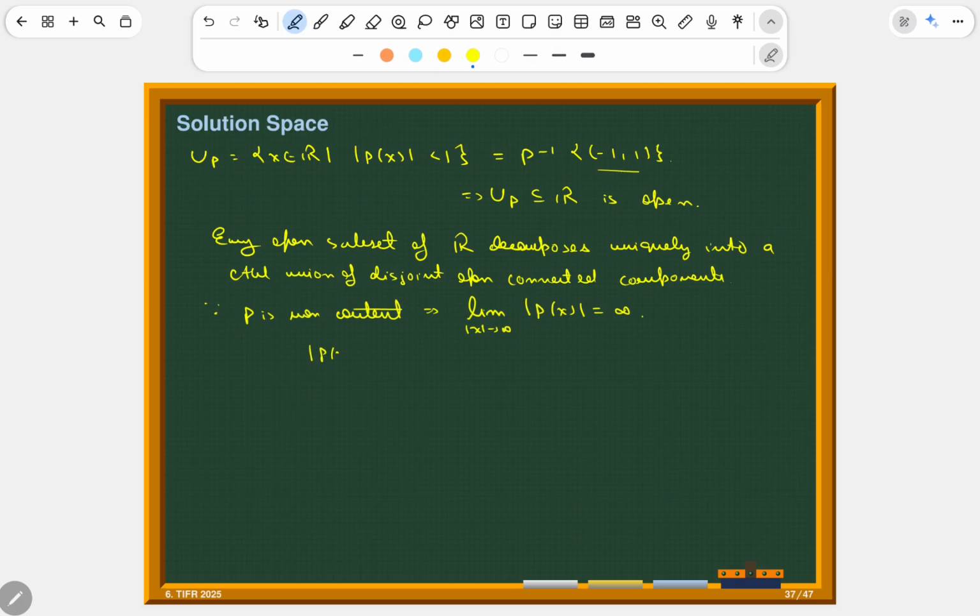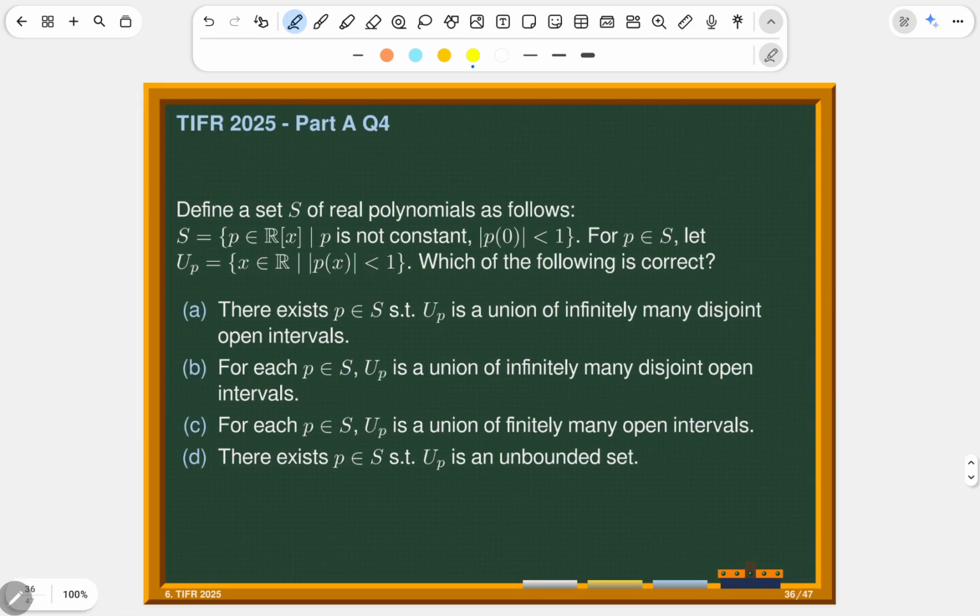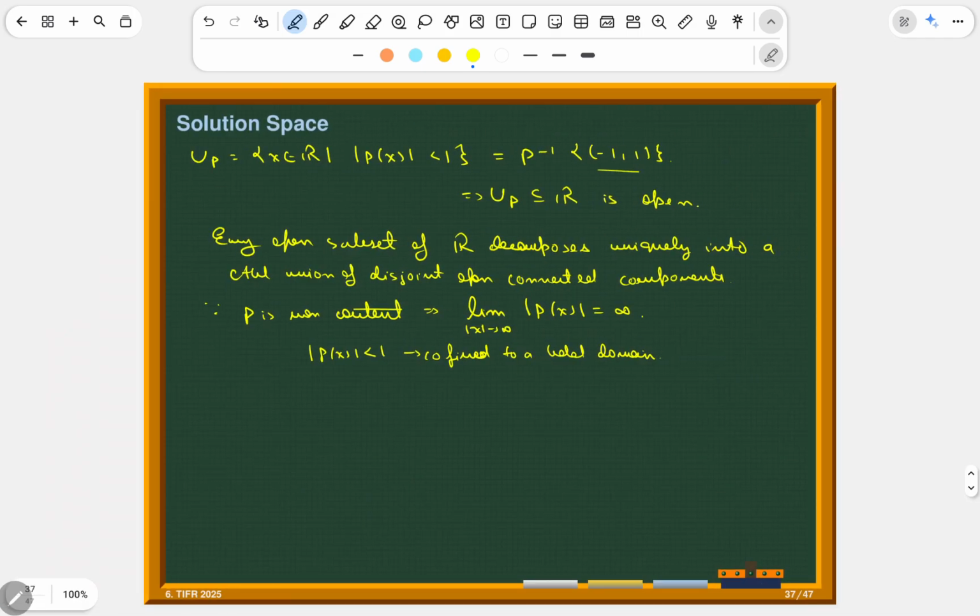Now, the region where mod P of x is less than 1 is confined to a bounded domain, which obviously strictly invalidates D. So this is obviously not correct. Okay.